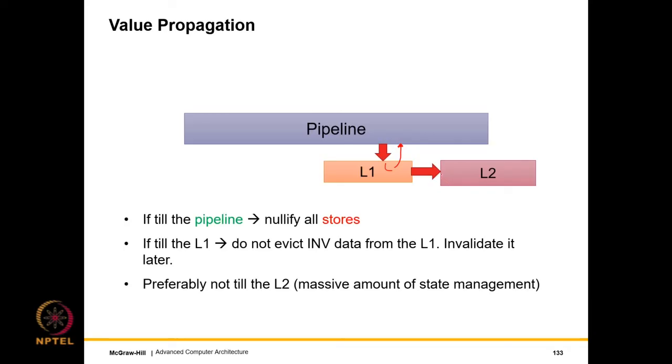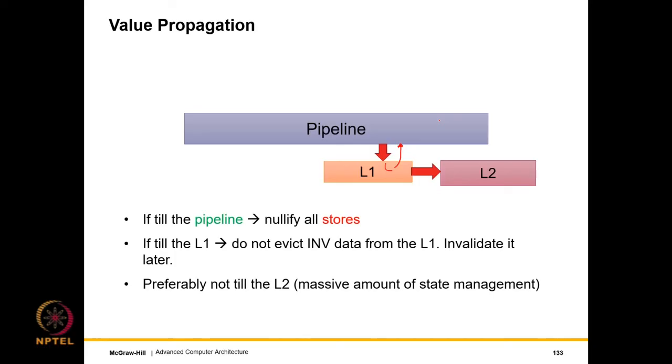Right, because that would involve a massive amount of state management. And once we return from the run ahead mode, we do have something called a flash clear mechanism. The details are there in the book, where all the invalid lines can just be marked to be invalid, right? They're just not valid, right? So we can simply ignore them.